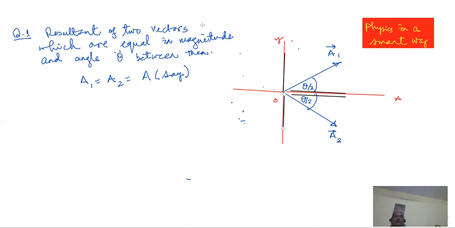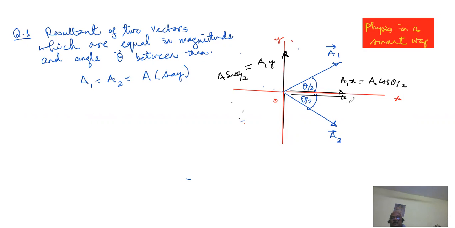So there we have A1x. This is A1x. And as per the rule that it is touching the angle, it will have a magnitude A cos theta by 2. And A1's y component will be A1y. And as per our rules, that will be A sin theta by 2.